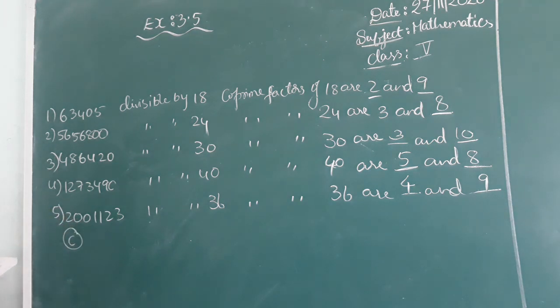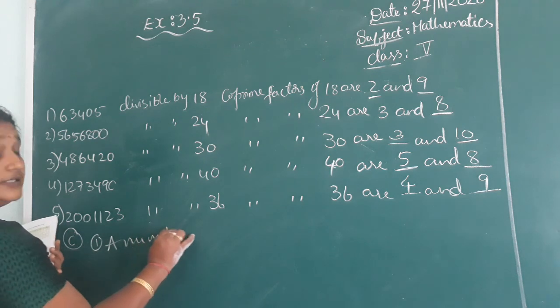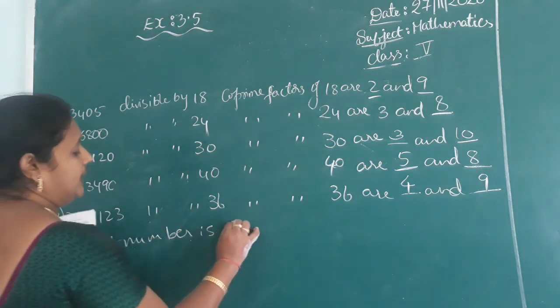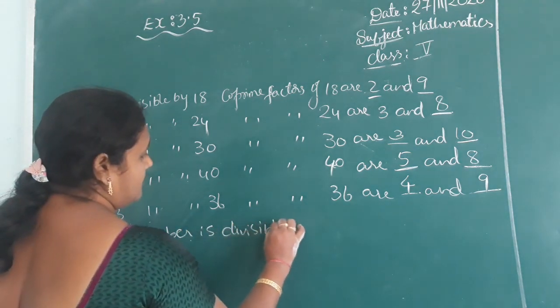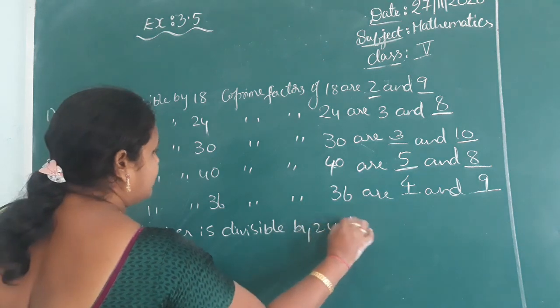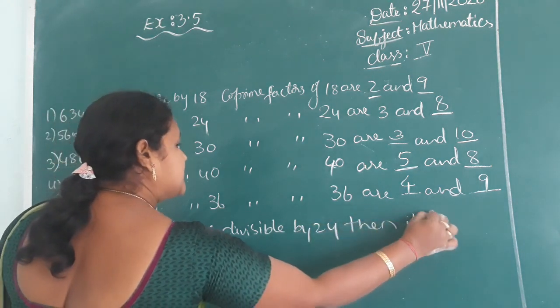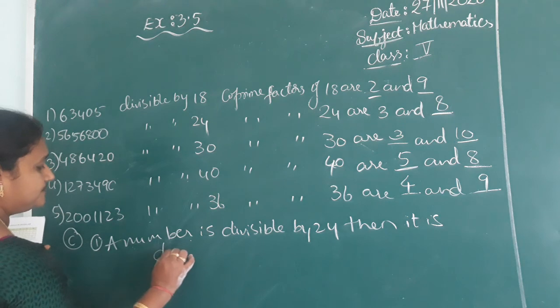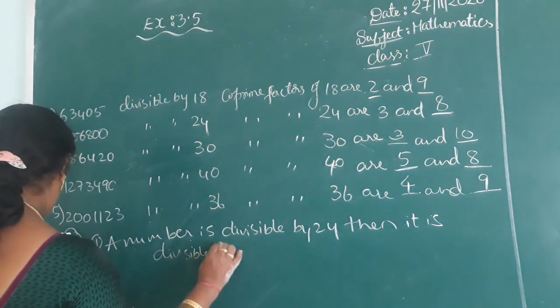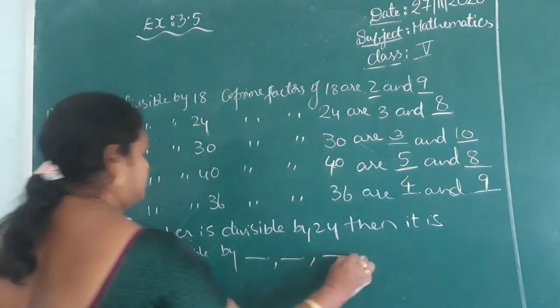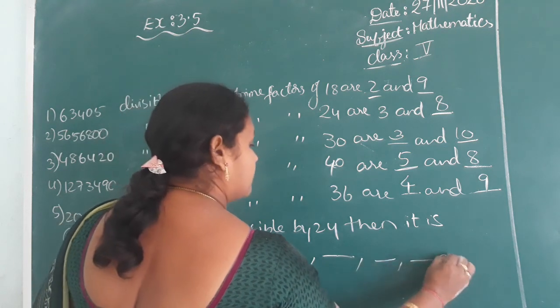See the fill in the blanks. If a number is divisible by 24, then it is divisible by dash and dash.